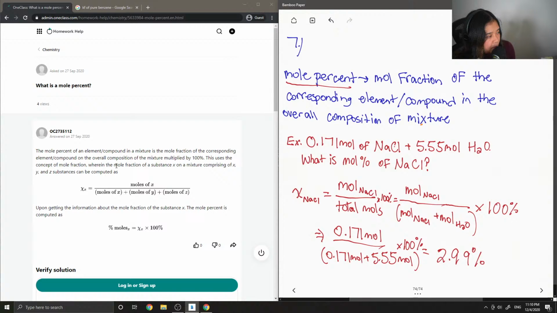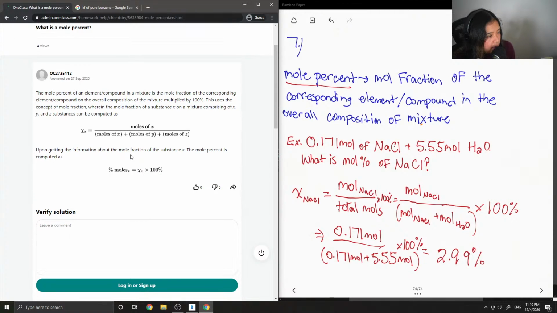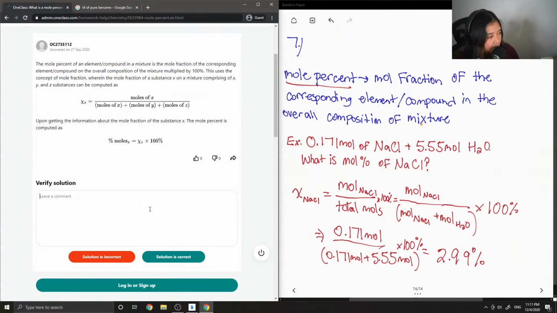This uses the concept of mole fraction, wherein the mole fraction of a substance X in a mixture comprising of X, Y, and Z substances can be computed as the moles of X divided by the moles of X plus the moles of Y plus the moles of Z. Upon getting the mole fraction of the substance, the mole percent is computed as percent moles equal to X times 100. So this solution is correct.